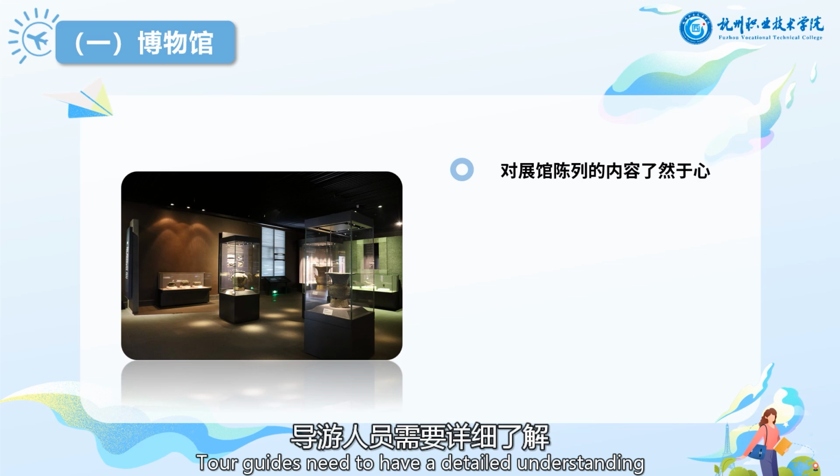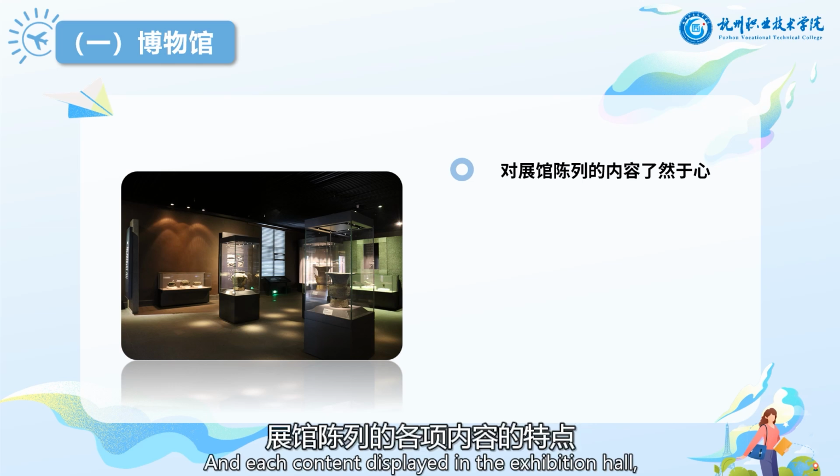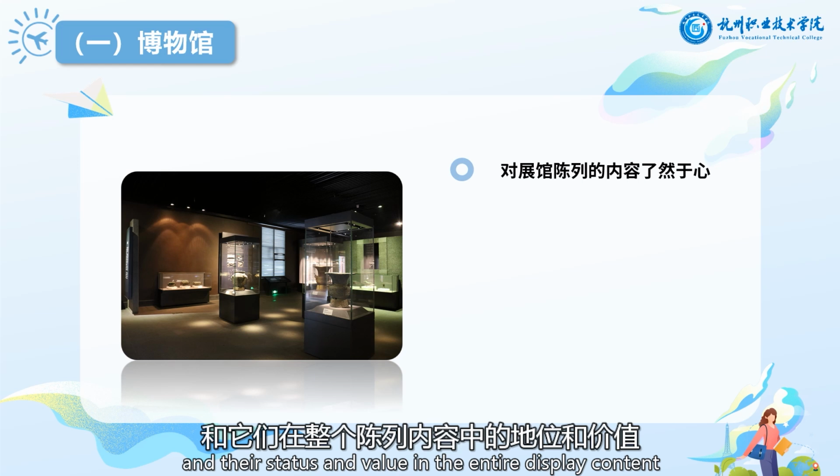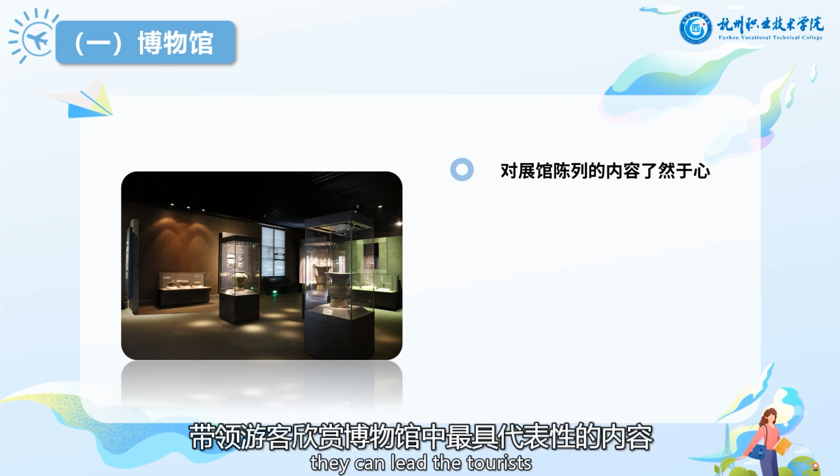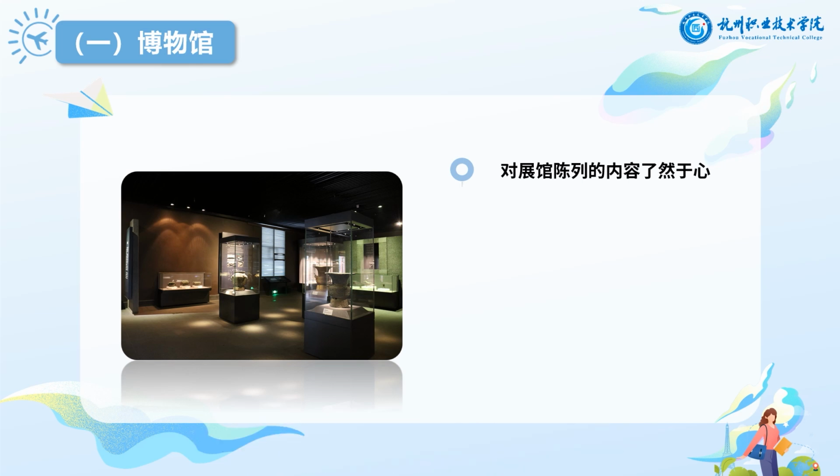Tour guides need to have a detailed understanding of the characteristics and each content displayed in the exhibition hall and their status and value in the entire display content, so that within the limited time, they can lead the tourists to appreciate the most representative contents in the museum.